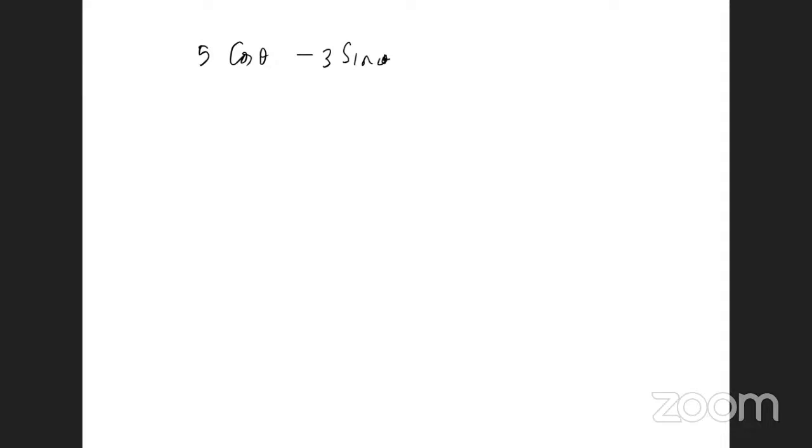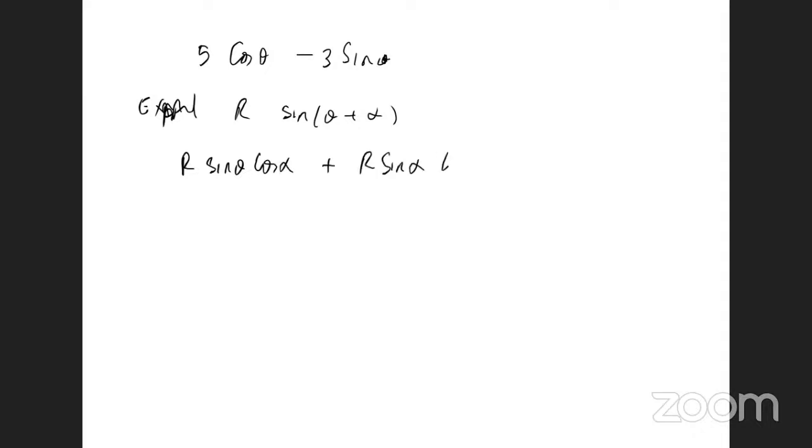If we wanted to expand, let's say we expand r sine theta plus alpha. What will happen? You will end up with r sine theta cos alpha plus r sine alpha cos theta. So whatever in front of r sine alpha is 5. That looking okay? What's the problem here?